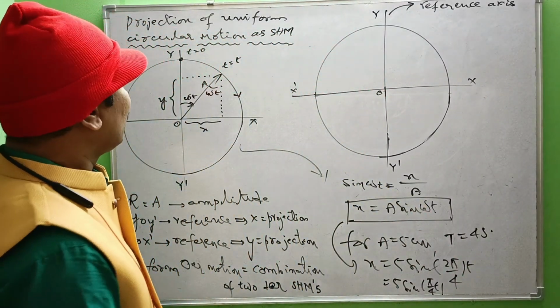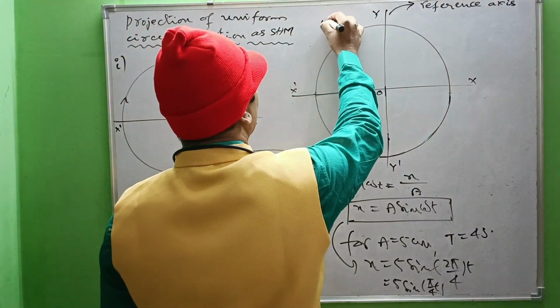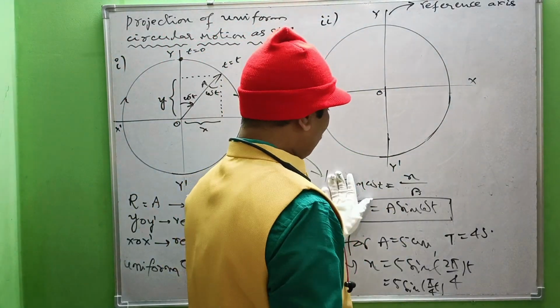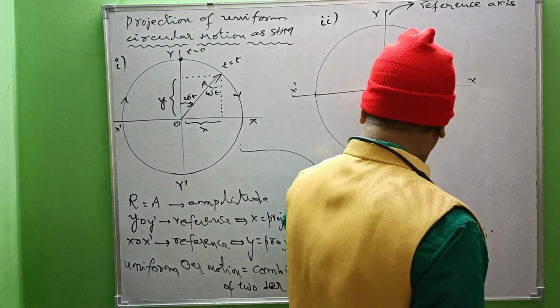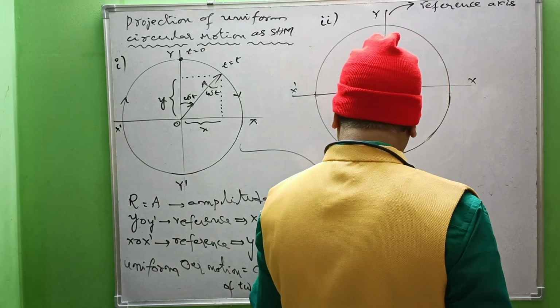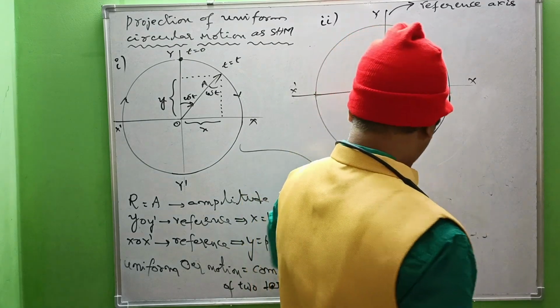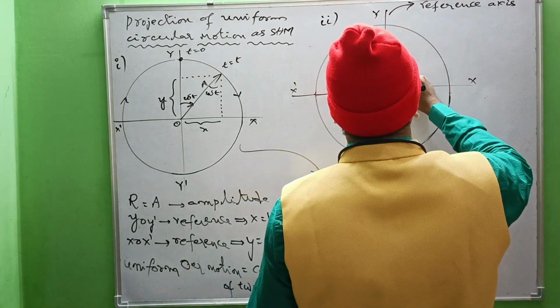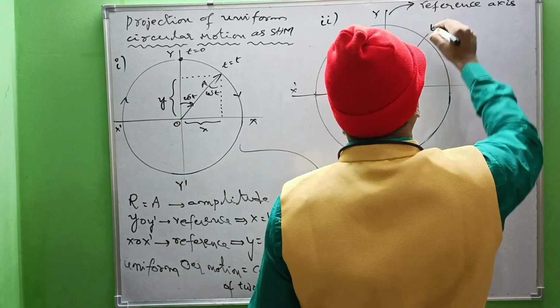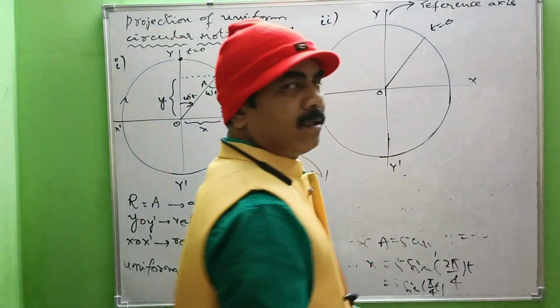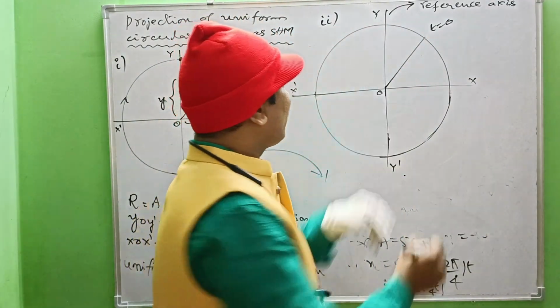Now coming to the second situation. What is the second situation here? Suppose the particle lies in the first quadrant initially. Say this is the position of the particle at t equal to 0, right? So it has some initial phase already.